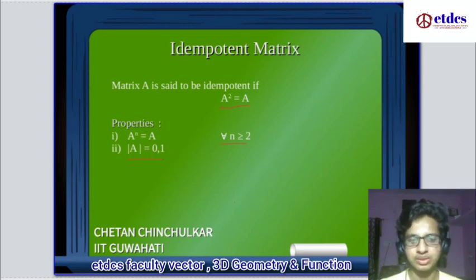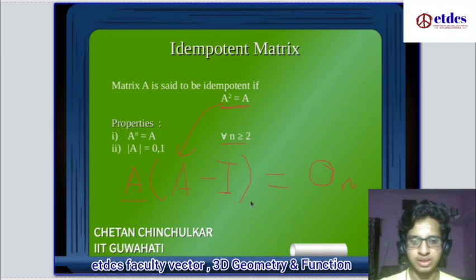And now see, the determinant of A will be equal to 0 or 1. How can we show this? Consider this equation. We take A common, so we get A times A minus identity matrix equal to the null matrix of order n.